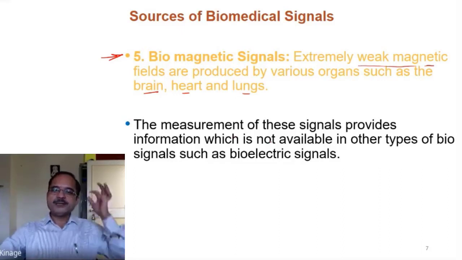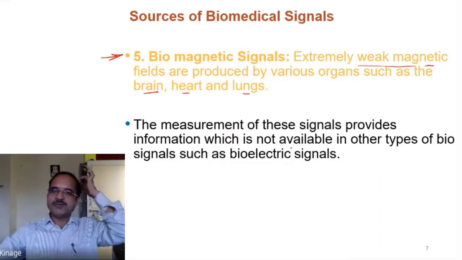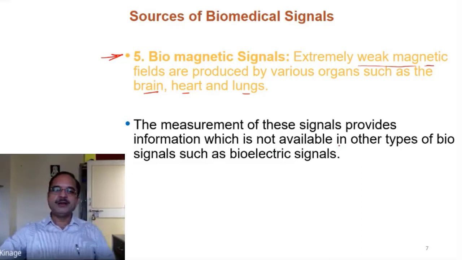The measurement of these signals provides information which is not available in other types of biosignals such as bioelectric signals. Okay. So the biomagnetic signals may provide some additional information to the doctor, which is not possible to get from bioelectric signals.